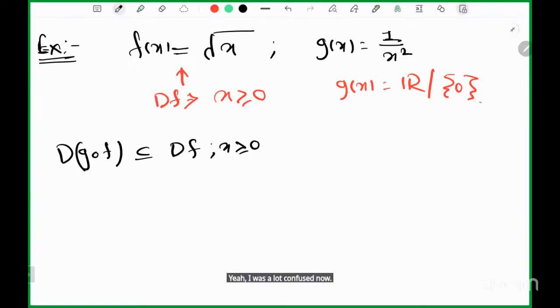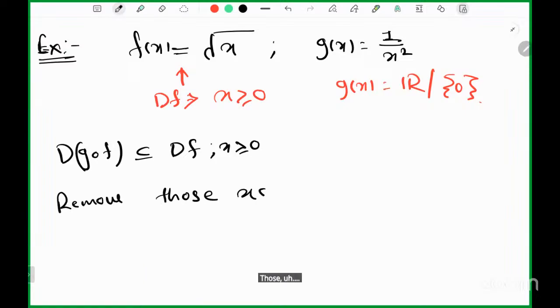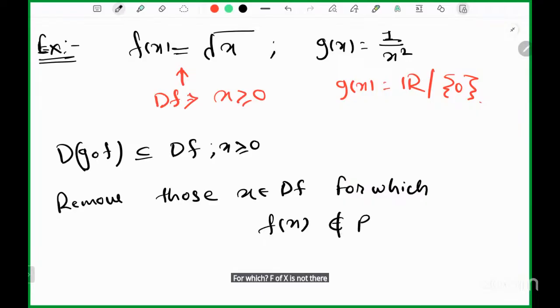The domain of f is x greater than or equal to 0. Now we have to remove those x belonging to the domain of f for which f of x is not there in the domain of g, because we want to talk about g of f of x.